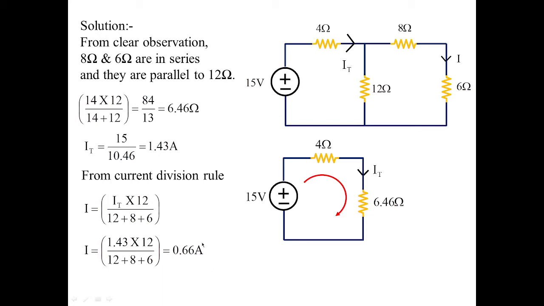Now we have to interchange the positions of the excitation and the load. Now 15 volts is excited over here. This can be removed from this particular point and placed in series with 6 ohms. Why in series with 6 ohms? Because we have to interchange the positions and find out the response with the help of the reciprocity theorem.